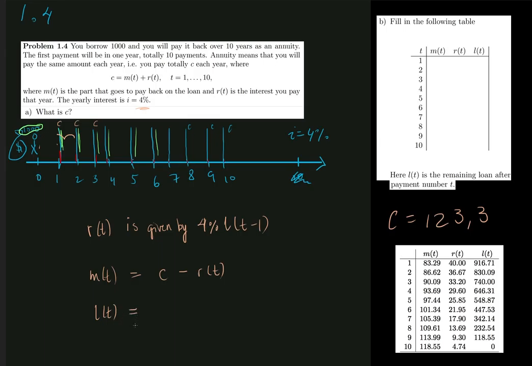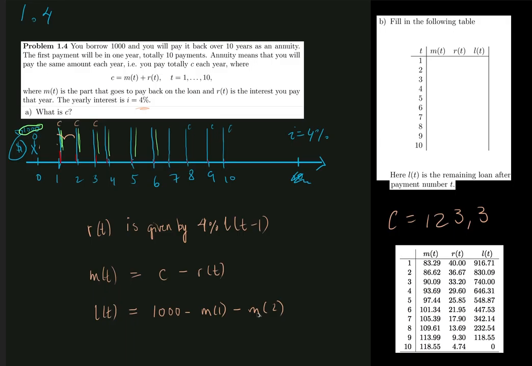Well, if it's the first period, then L of t is 1,000 minus M of 1, right? Because then we have just paid M of 1 back. If it's the second period, then it's equal to 1,000 minus M of 1, but then also minus M of 2, because that would be the remaining loan.